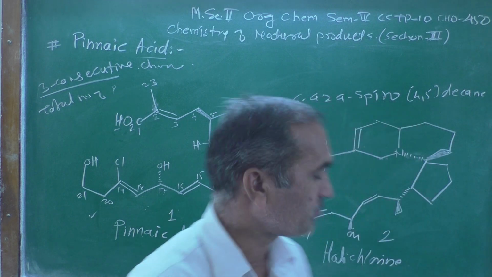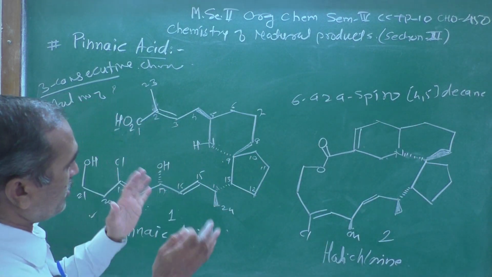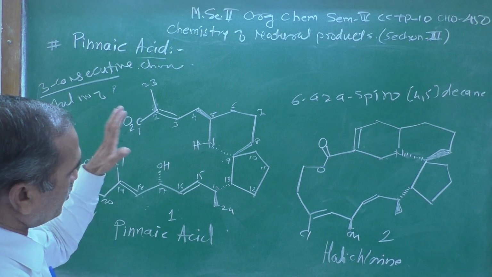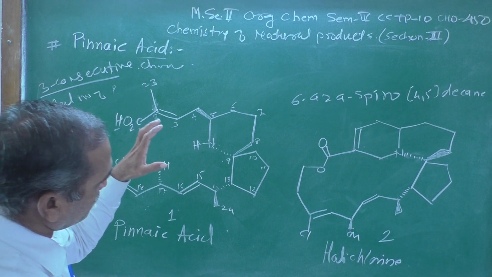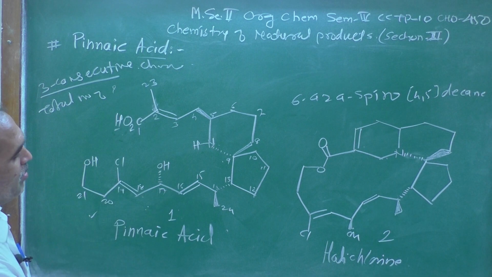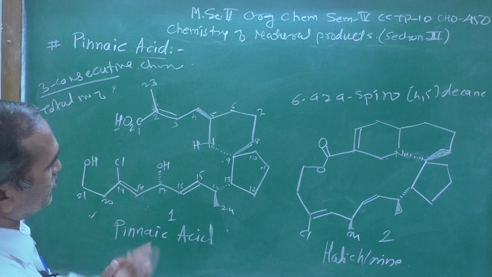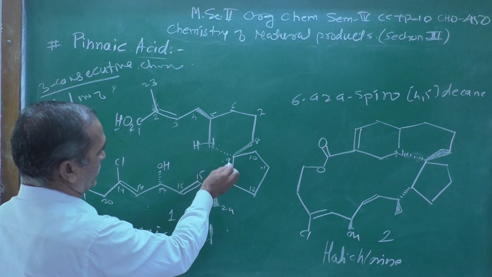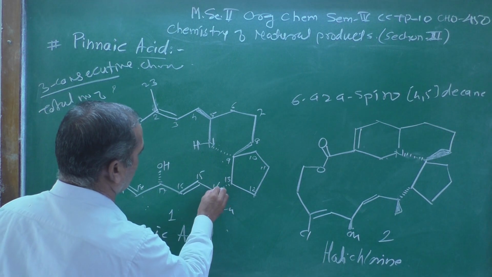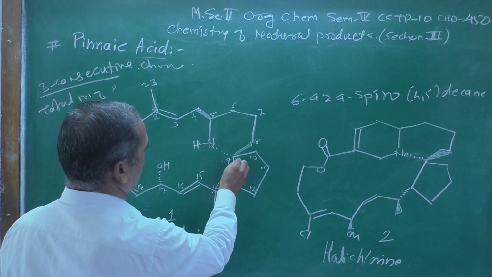I already mentioned that, but you tell me by careful observation of this compound, which are those continuous chiral centers. Look here, C9, C13 and C14. These are the 3 continuous chiral centers.